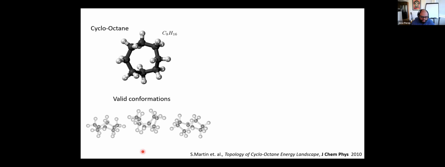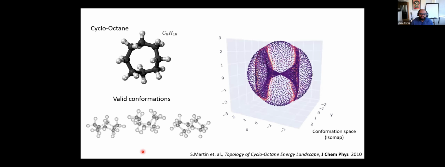So in a paper from 12 years ago, Shawn Martin and collaborators showed that the conformation space for cyclooctane is in fact a 2-dimensional sphere with a Klein bottle attached to it, right? So it's a very complicated space from a geometry and topology point of view.